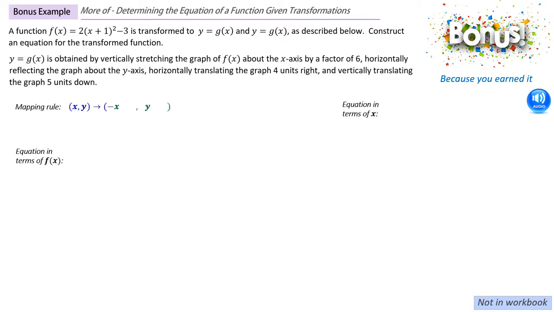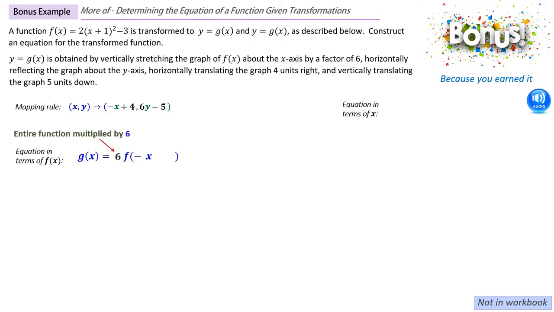We'll start by writing this as a mapping rule. Our vertical stretch by a factor of 6, our reflection in the y-axis, the negative sign, our shift 4 right and 5 down. Now, in order to write this in terms of f of x, we need to determine our parameters.